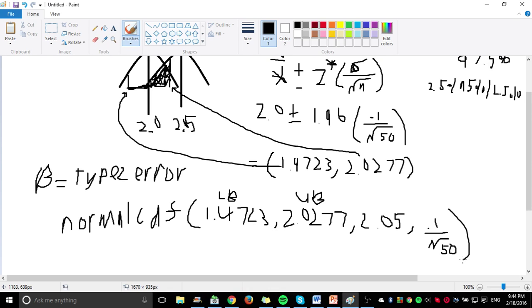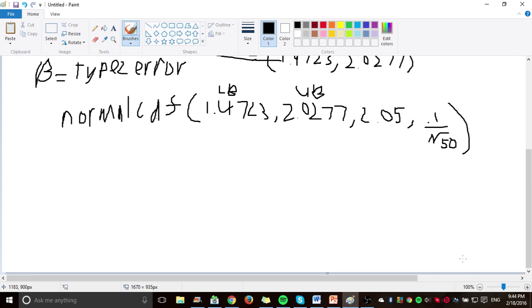Normal CDF, 1.9723, comma, 2.0277, comma, 2.05, comma, 0.1 divided by the square root of 50. And then I get a value of 0.0574.